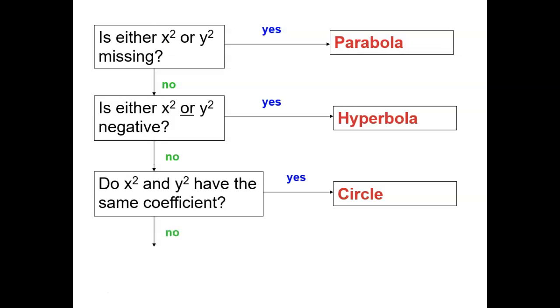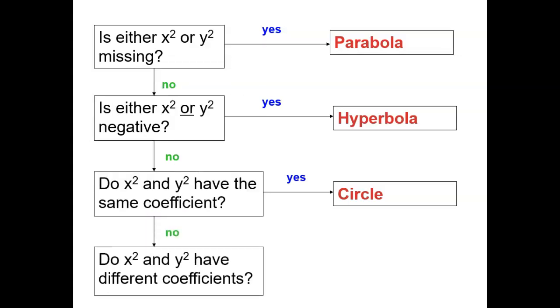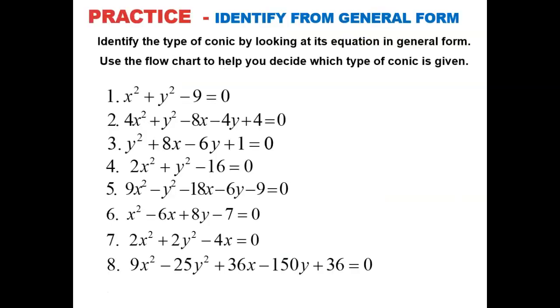And of course, if you say no, then there's really only one thing it has left, and that is x squared and y squared have different coefficients. So they would have the same sign, but different coefficients. And in that case, then we know it's an ellipse. So this just helps you kind of sort through how to narrow down quickly and not spend time wondering which kind of equation it is in general form.